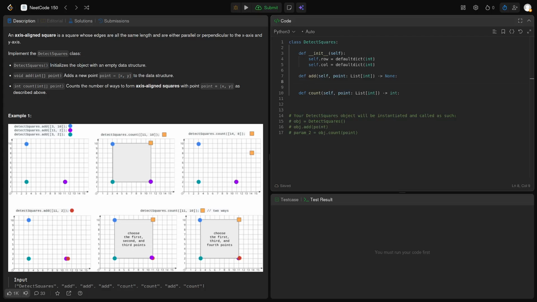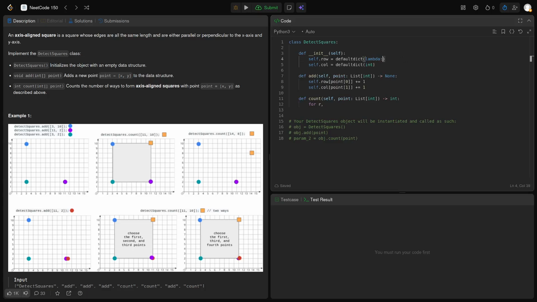Okay, now when we are adding a point, then we do self.row[point[0]] and self.col[point[1]], right?